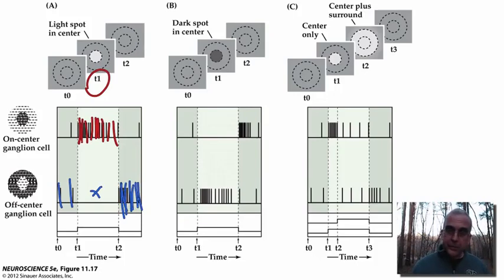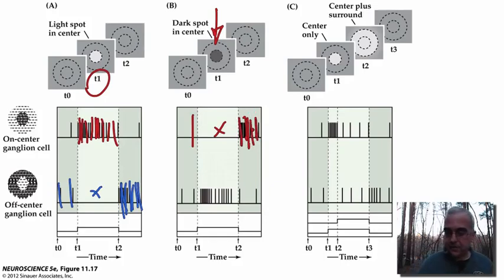Now, because we're talking about light and we can alter the level of light, we can imagine now decreasing the amount of illumination to the center of the receptive field. And when that happens, the on-center cell decreases its firing, and when that dark spot is removed, or essentially there's now an increase in illumination to the center, there's this nice rebound discharge.